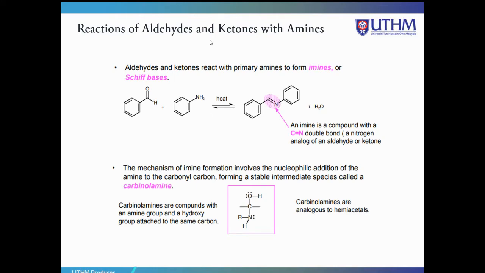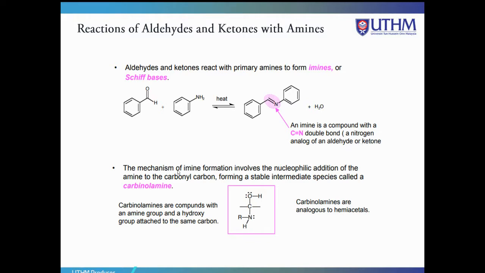Reaction of aldehyde and ketone with amine. Aldehydes and ketones react with primary amines to form imines or Schiff bases, producing water as the byproduct. An imine is a compound with a C=N double bond, a nitrogen analog of an aldehyde or ketone.